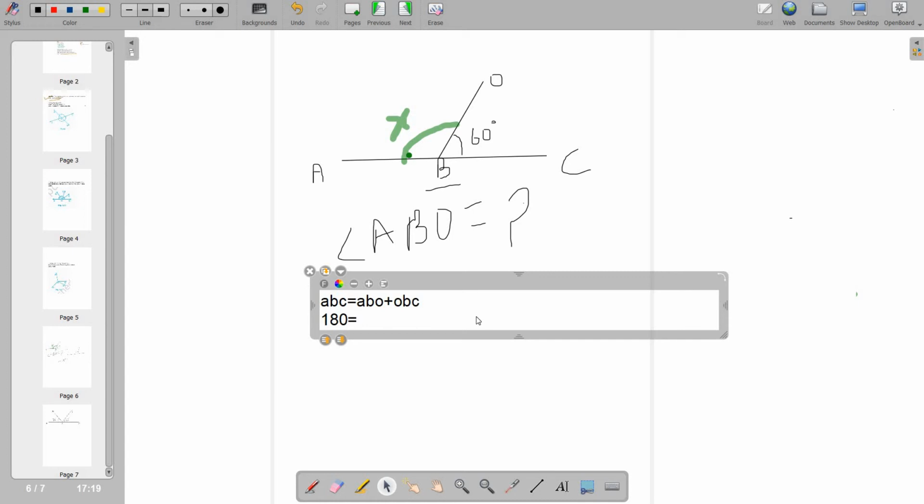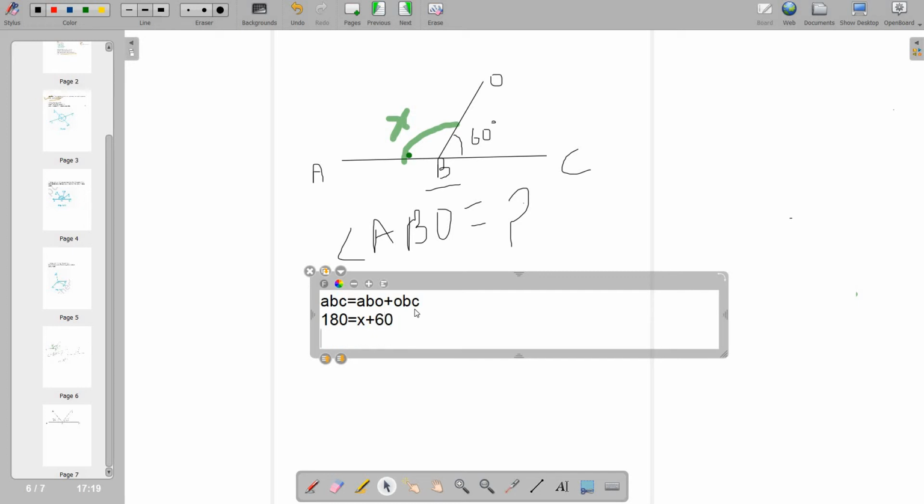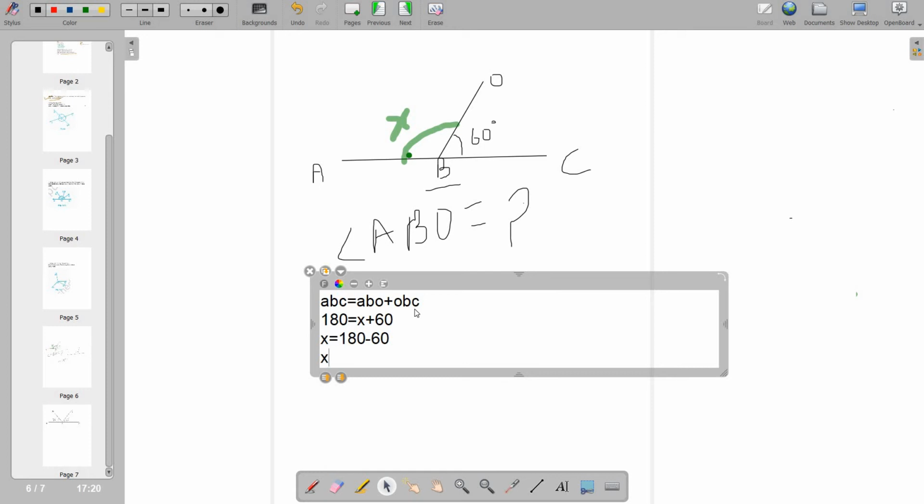Let us consider angle ABO as x degrees, plus angle OBC, which is 60 degrees. Now we will find the value of x. 180 minus 60. So x is equal to 120 degrees.